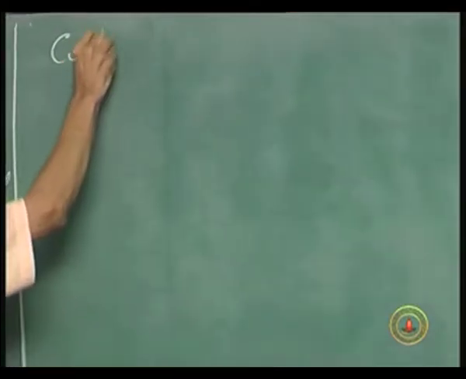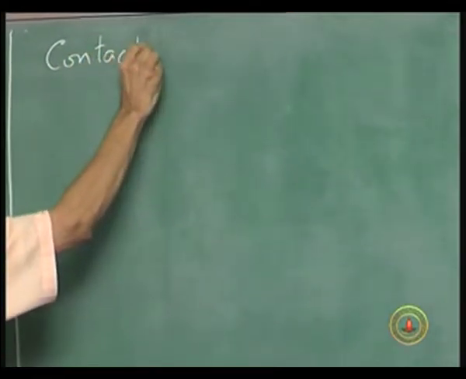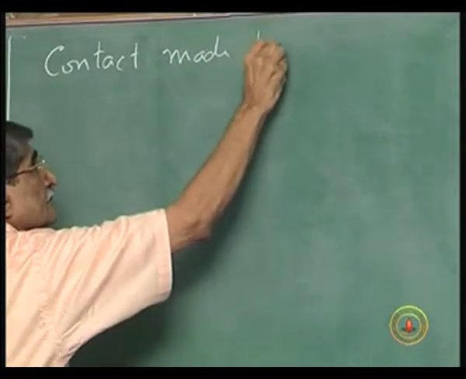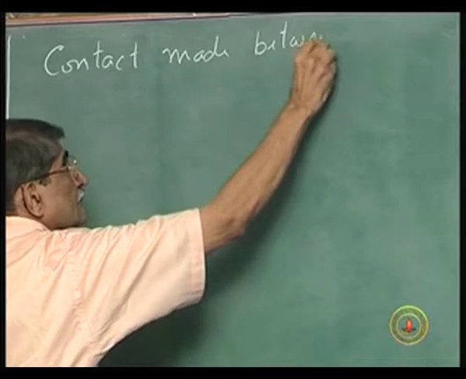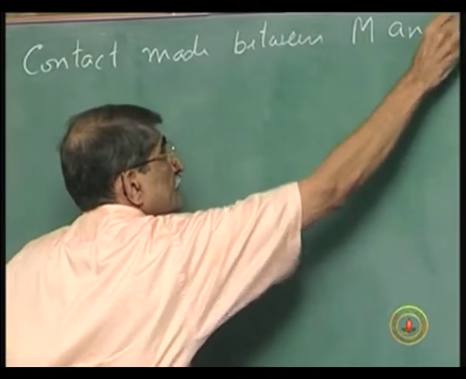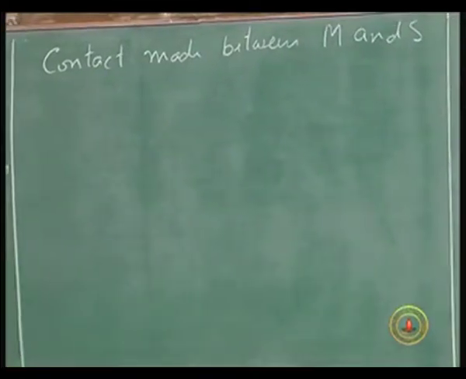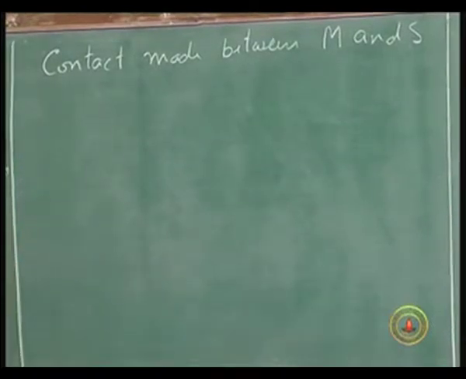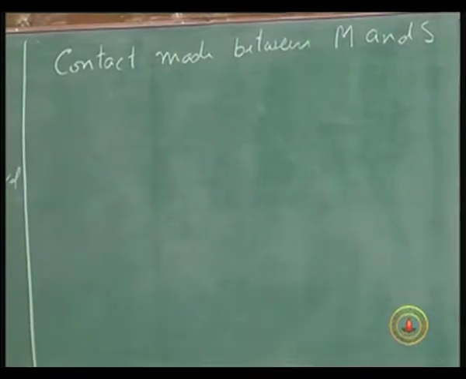Contact made between metal and semiconductor. Okay. This is a metal and this is a semiconductor. You make the contact. So, now as I mentioned, the electrons will get transferred onto this.